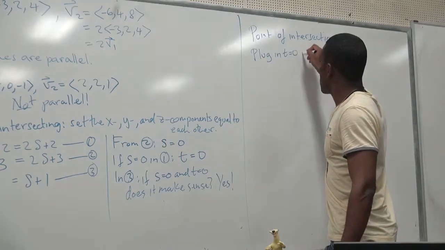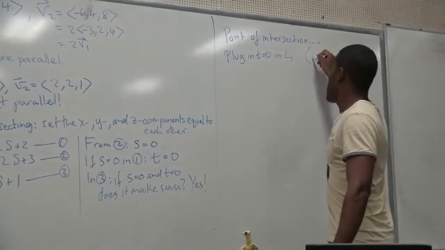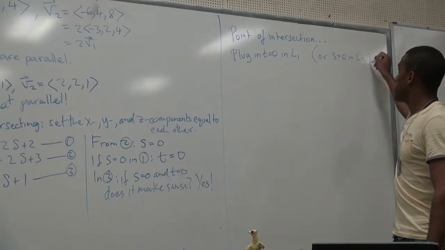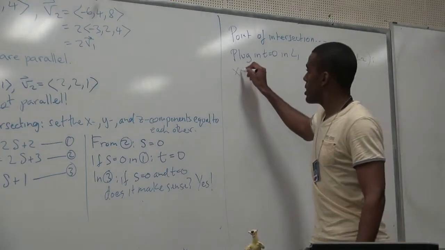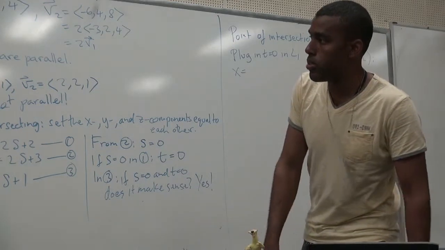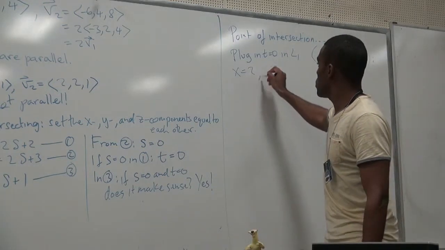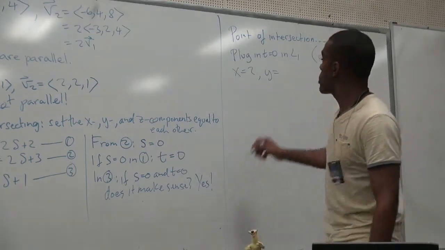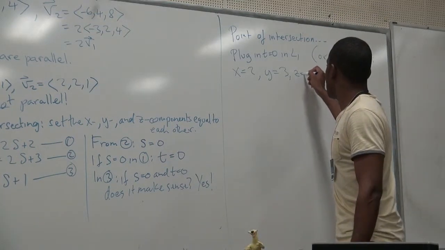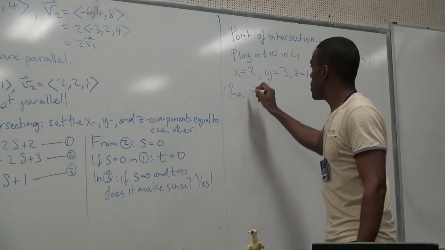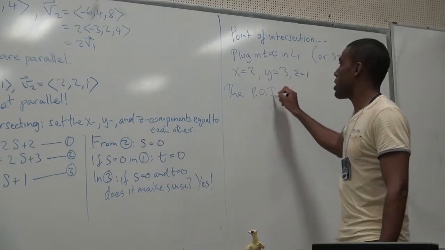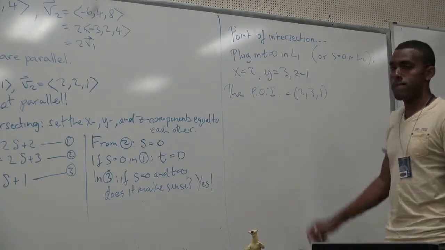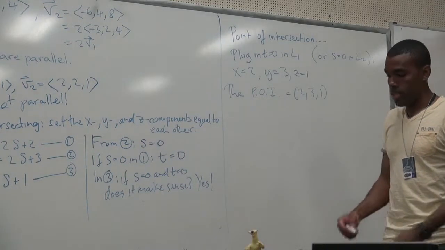Plug in t equals 0 in L1, or if you'd like, s equals 0 in L2. The point you get is x equals 2, y equals 3, z equals 1. So the point of intersection is (2, 3, 1). So these 2 lines actually intersect, right?